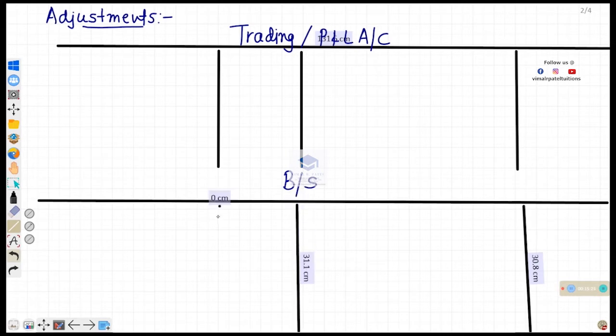This is the debit side, this is the credit side in the trading or profit and loss account.